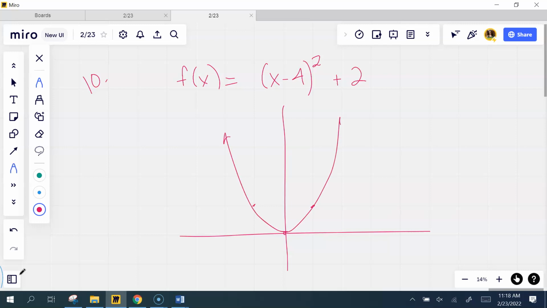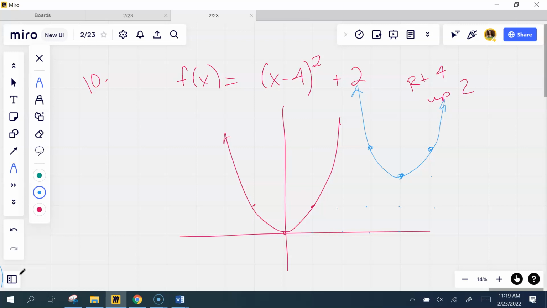And it's going to slide right 4 and up 2. 1, 2, 3, 4, 1, 2. You don't have to graph the parent. I was just showing you how it moved there.